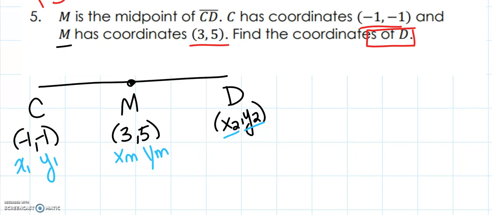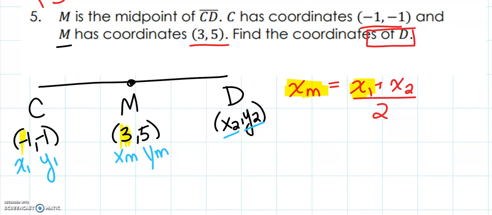All right, now to get xm, I would use the equation x1 plus x2 divided by 2. Let's take a look at what we actually have and what's going to be a variable. Well, I have xm, that's my 3. I have x1, that's my -1.